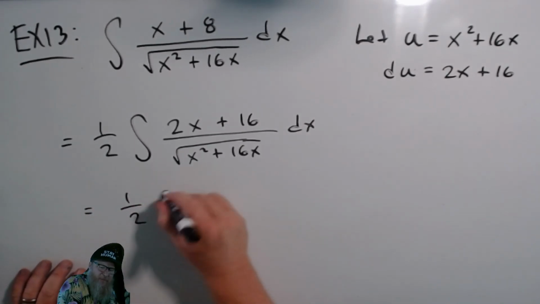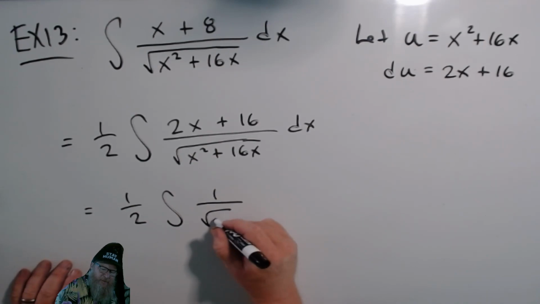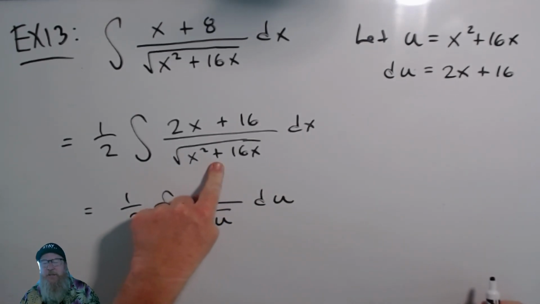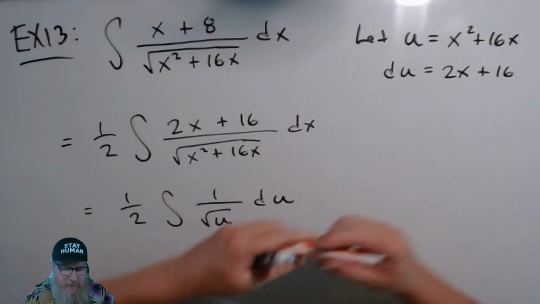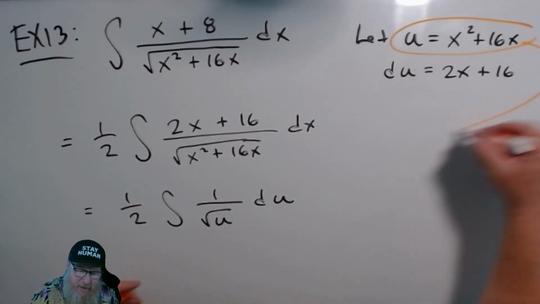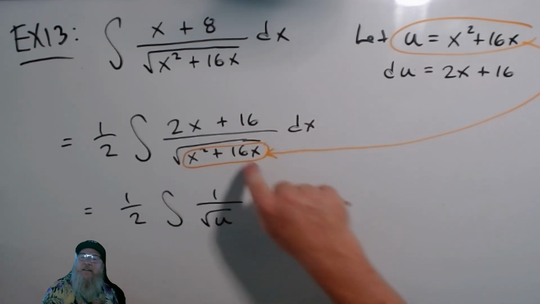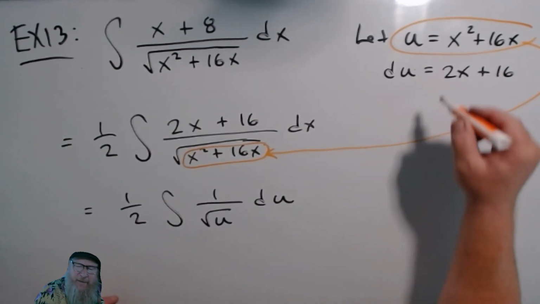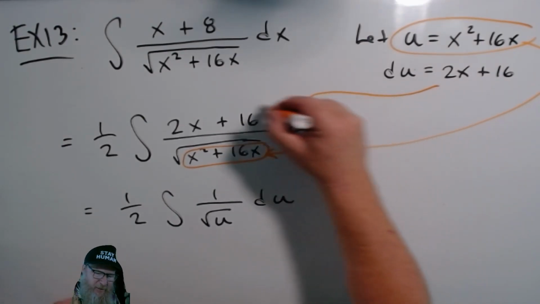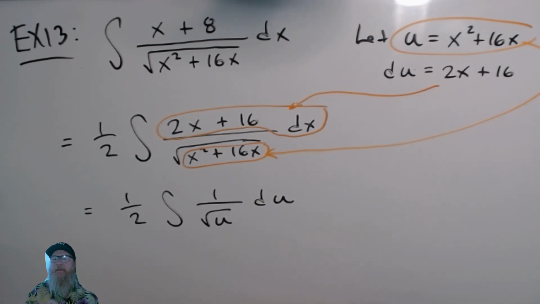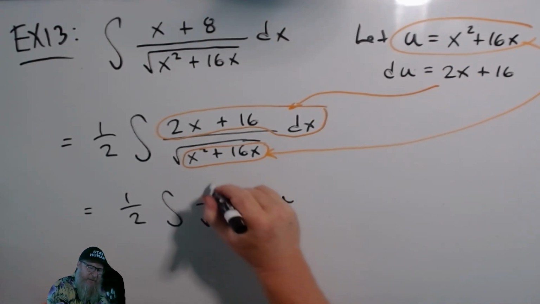Then you do your u substitution. So the inside becomes u. Probably getting the hang of this by now. The inside becomes u. Now it is the inside of the square root. And then the outside becomes du. You could also write it this way.